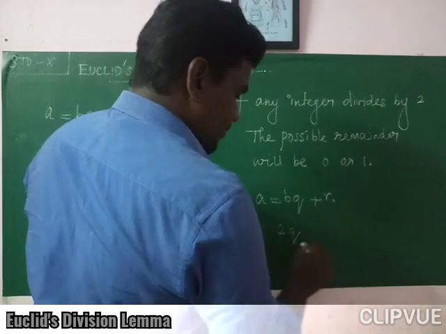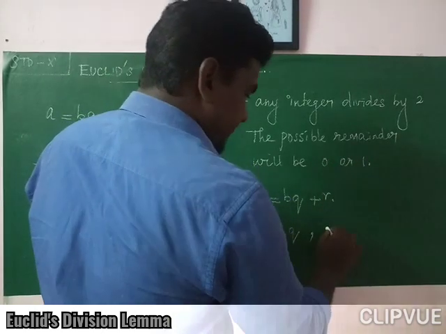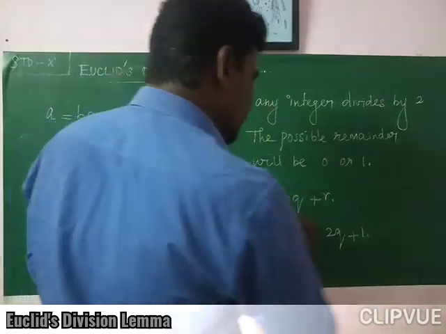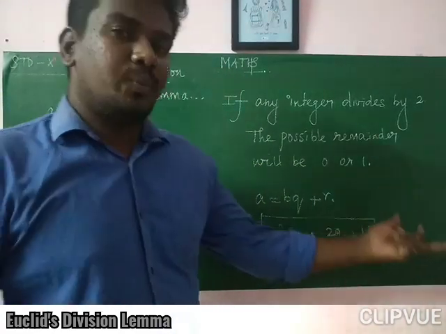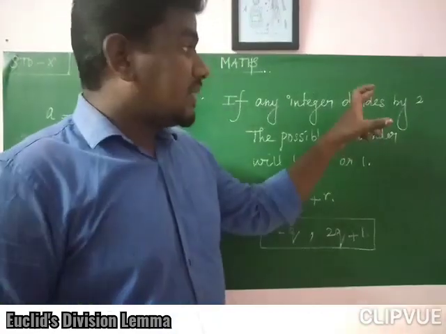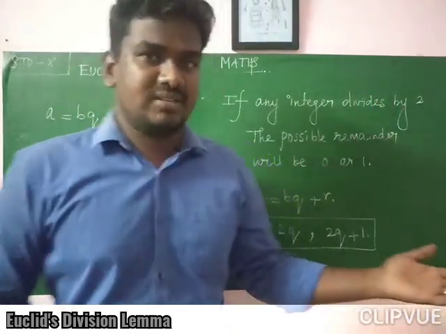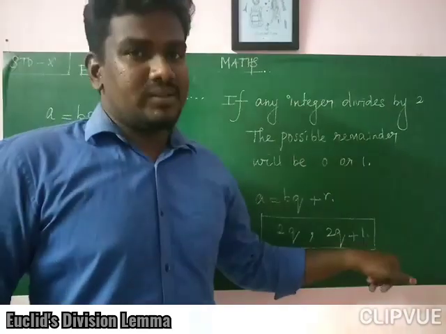If r should be 0, it is 2q. If r is equal to 1, it can be written as 2q plus 1. So this is the general form: either 2q or 2q plus 1. If 2 divides any positive integer, it will be in the form of 2q or 2q plus 1.